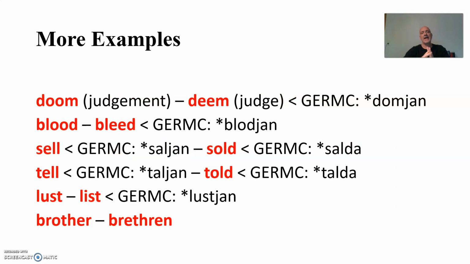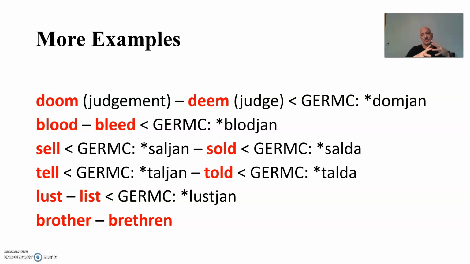More examples of i-Mutation which still bug us. Take the word doom, judgment, and the corresponding word deem, which means to judge originally.